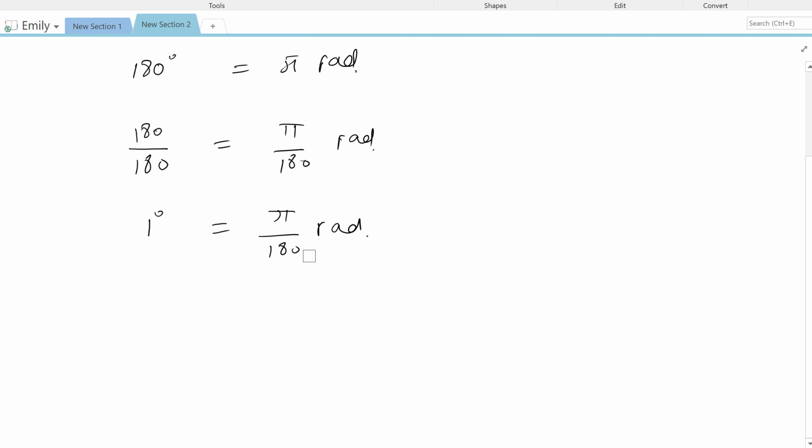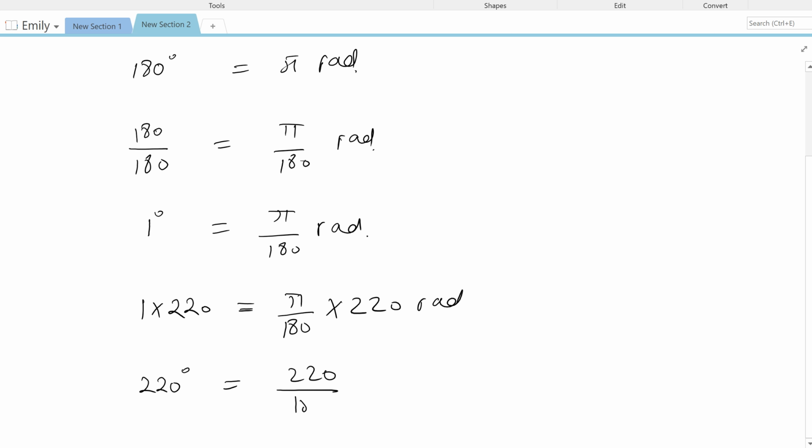So we multiply both sides by 220. Now on the left hand side we have 220 degrees, and on the right hand side we are left with 220 over 180, and you write pi in the end.